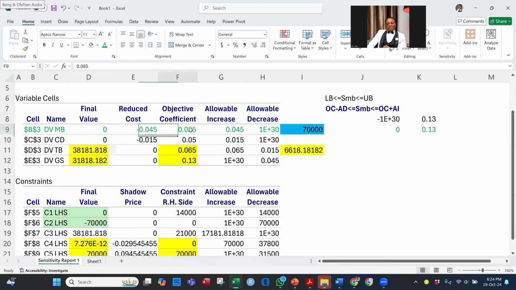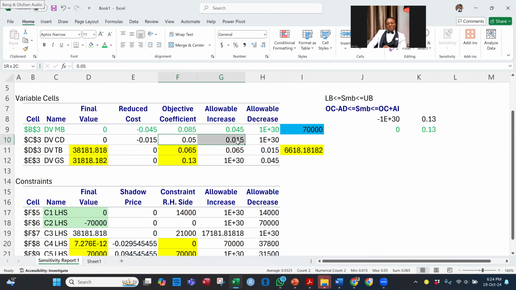And in this case, you just have to take the 8.5 here, add the 4.5 to it, the allowable increase, and that will be 13% for the municipal bonds. For the certificate of deposit, take the 5% here, add the 1.5 to it, that will be 6.5%.